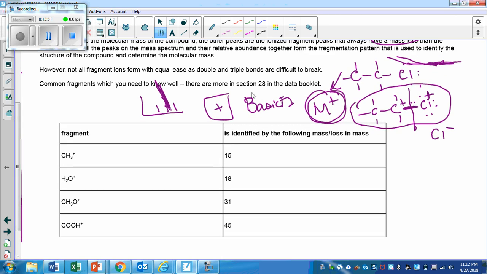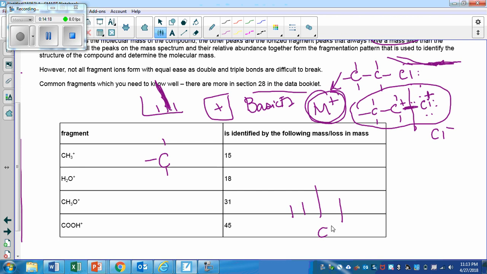This information can be found in your data booklet, but you're expected to know a little bit of it anyway. If a methyl group is broken, carbon is 12, and then with 3 hydrogens it will be 15. Another assumption is that the peak we are getting represents the most abundant isotope.